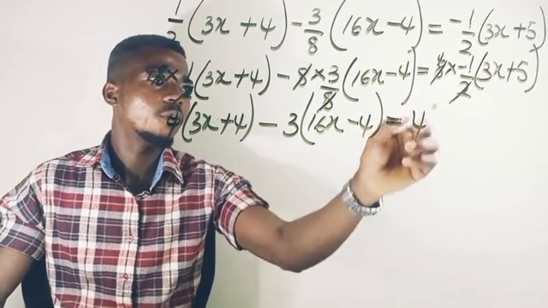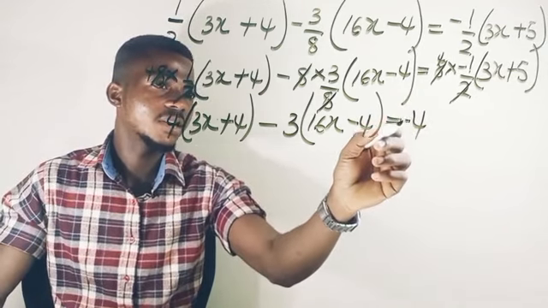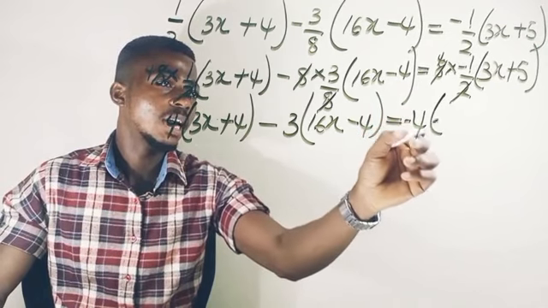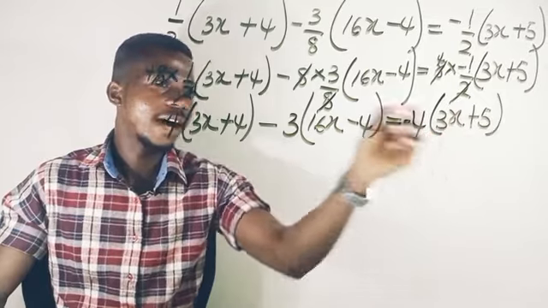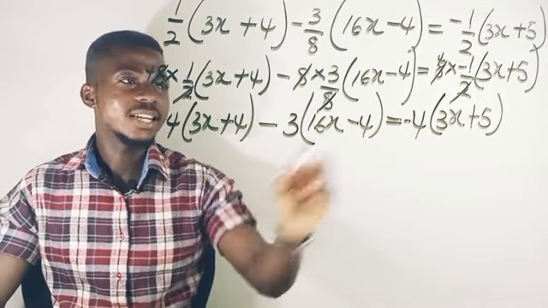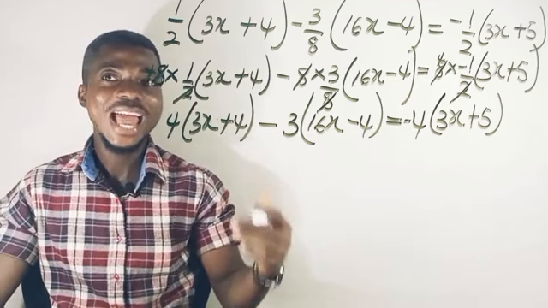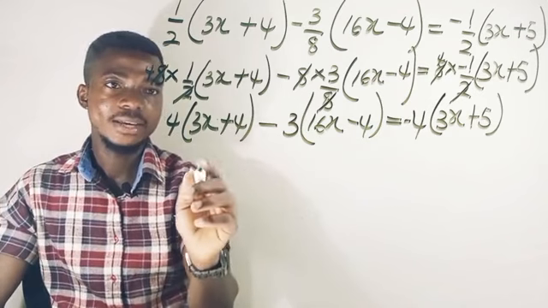Oh, it's negative, so negative 4 in a bracket, 3x plus 5. All right? So now we have to expand these brackets, okay? We have to eliminate the brackets. How do we do that? By multiplying this through by everything in the bracket.